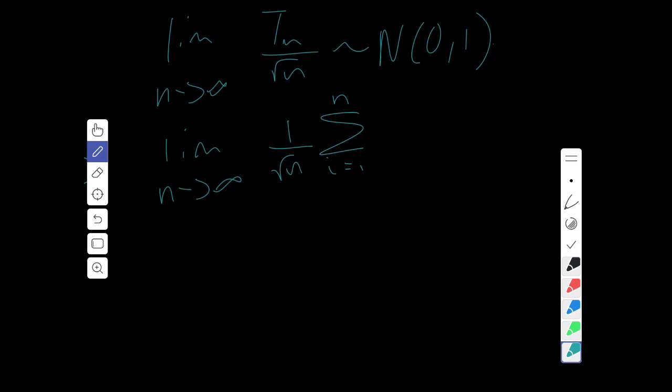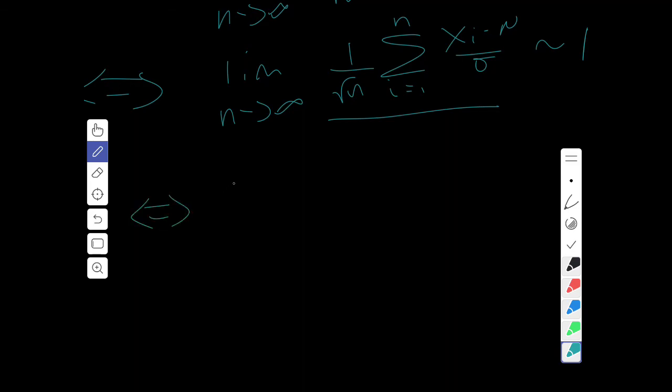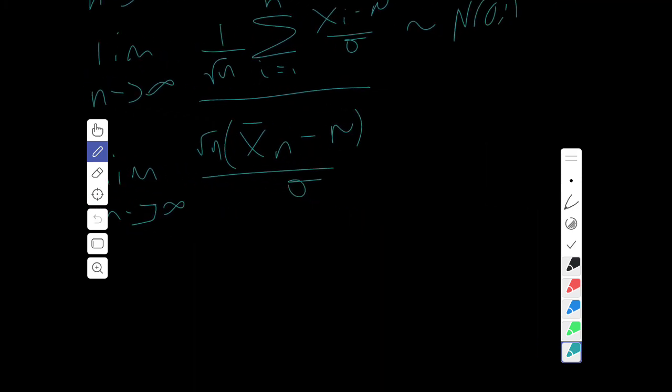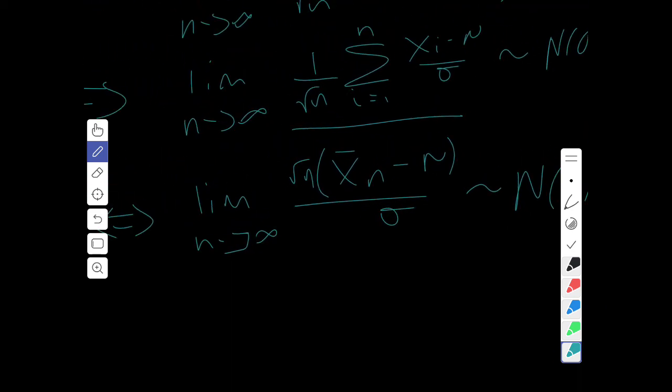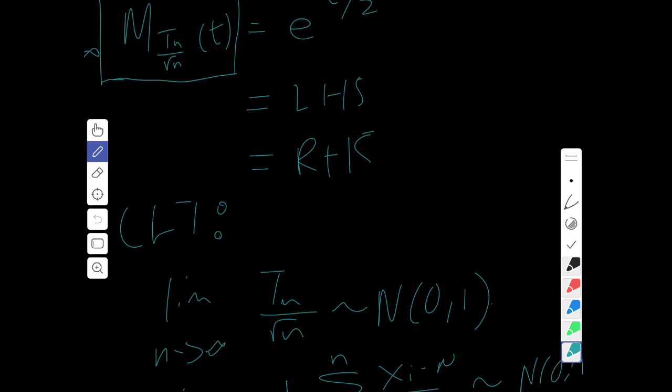Tn was defined in terms of zi's, but zi is just equal to xi minus mu over sigma, because that's what we defined our zi's to be. And then we showed earlier that this statement is equivalent to the limit as n goes to infinity of the square root of n times Xn bar minus mu over sigma being equal to a standard normal. Okay, so that is the proof for the central limit theorem.